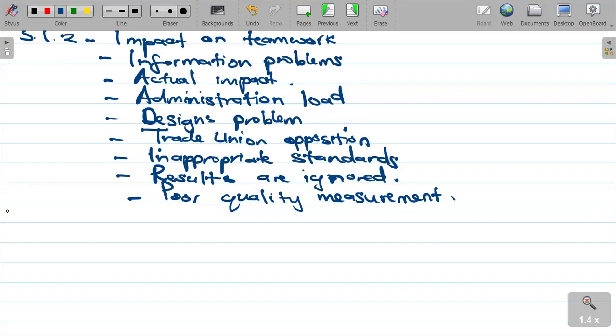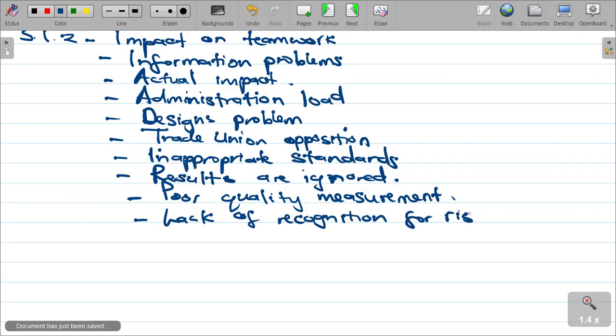And lastly, it does not recognize risk taking.